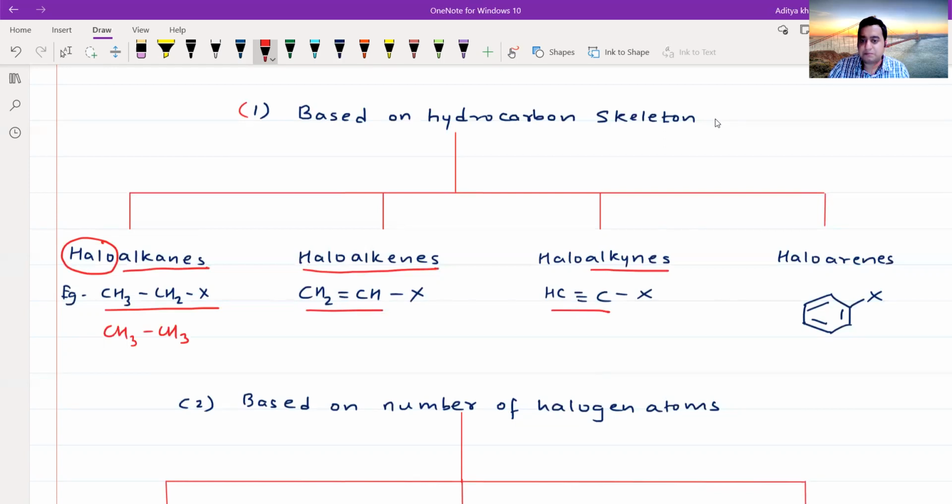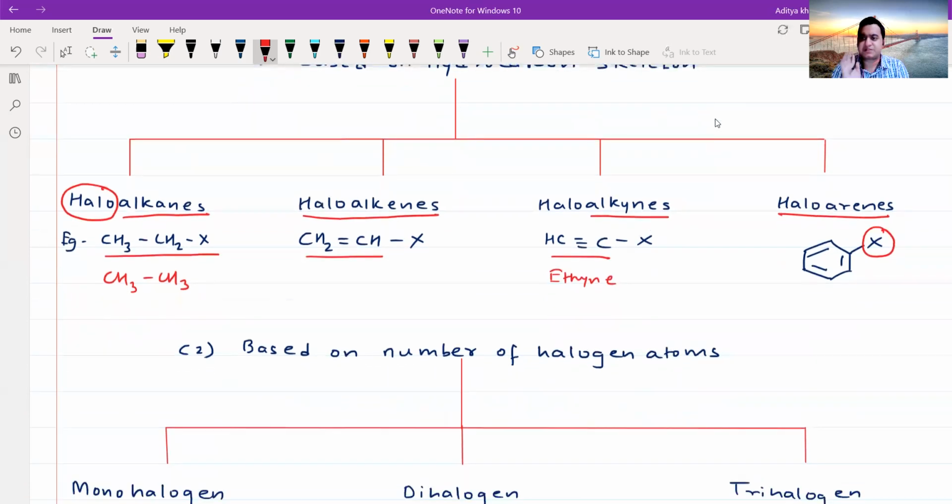Alkyne means the compound which has a C triple bond C. This is again a simple example, of ethyne, in which a hydrogen is substituted by a halogen. And this is a special kind of compound called haloarenes, in which a halogen is directly attached to an arene, or else you can say an aromatic ring.